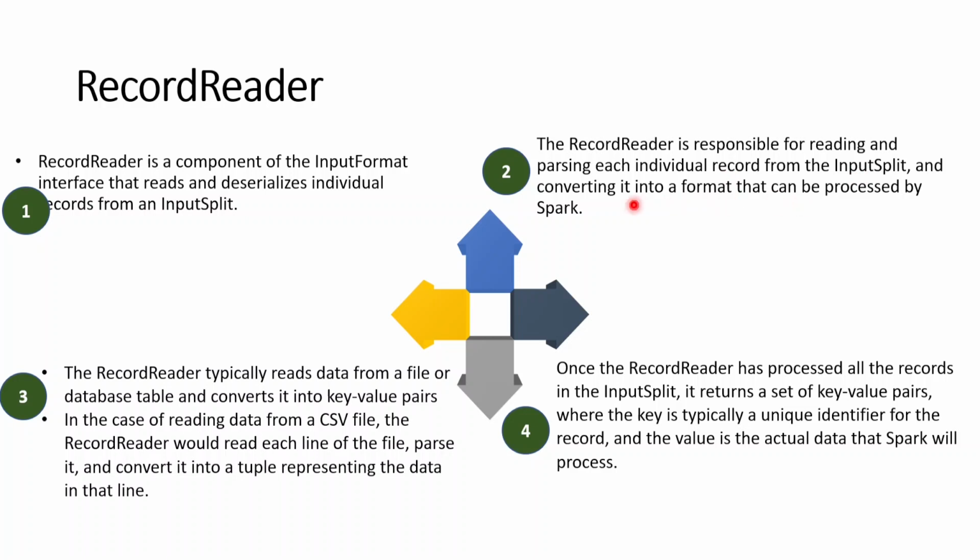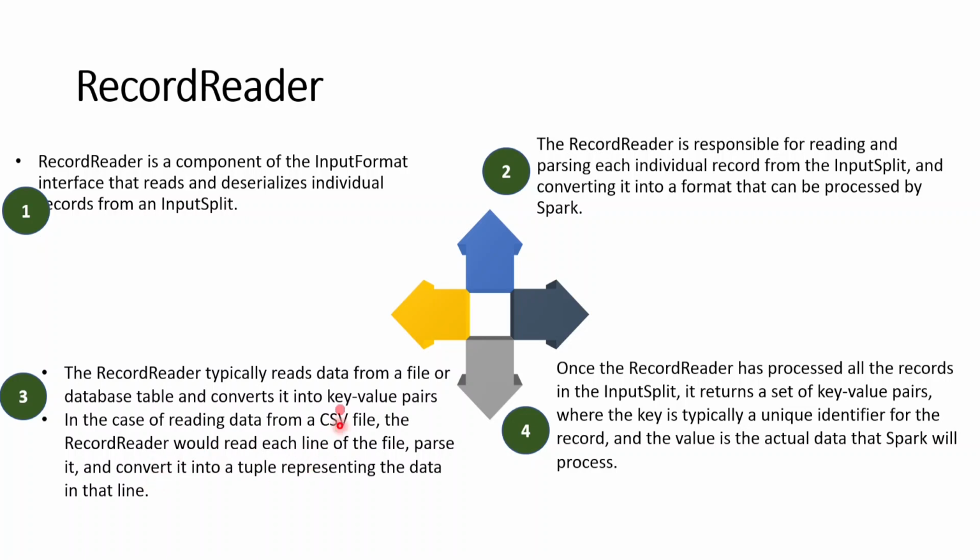How this actually transports the data into the Spark environment is explained in this step. The record reader typically reads data from a file or database table and converts it into key value pairs. In case of reading a CSV file, the record reader would read each line of the file, parse it, and convert it into a tuple representing the data in that line.